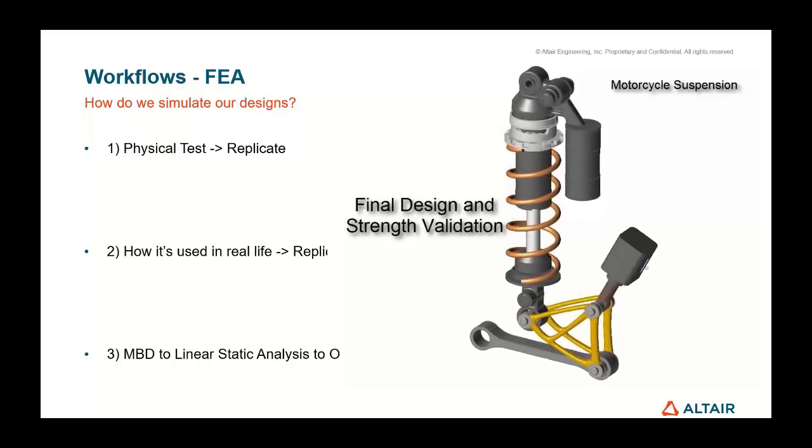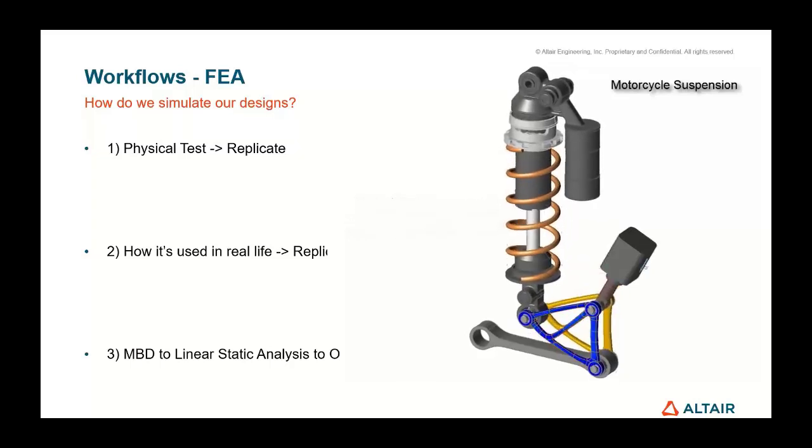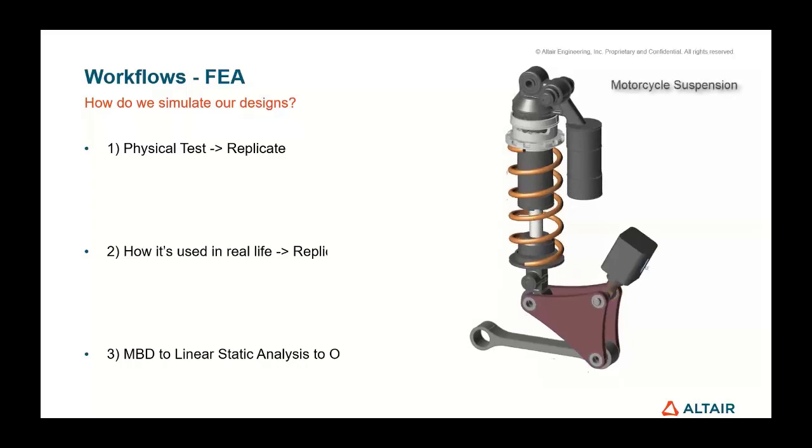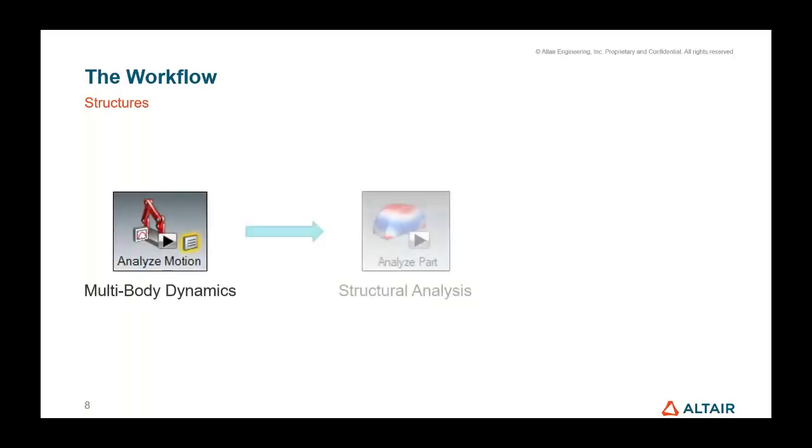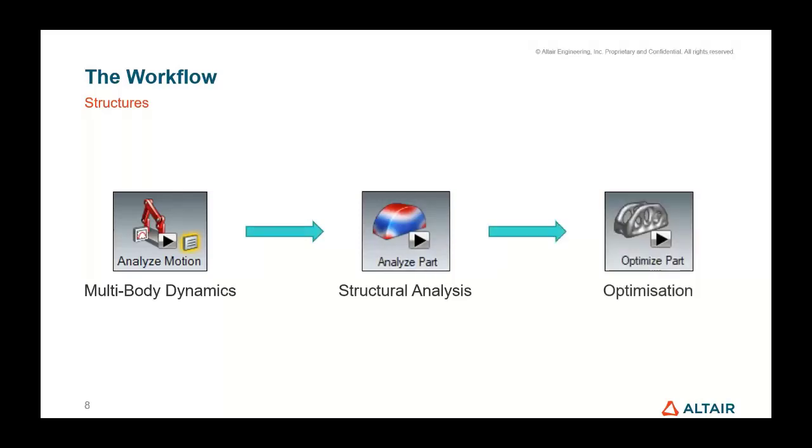And then you can also conduct a final strength validation on it to see if it would fail during its time in use. And if it doesn't fail during its time in use, you've done your job. So the workflow in where we might want to bring MBD into it is at the very beginning. We then take those loads for structural analysis, and then we can optimize it.